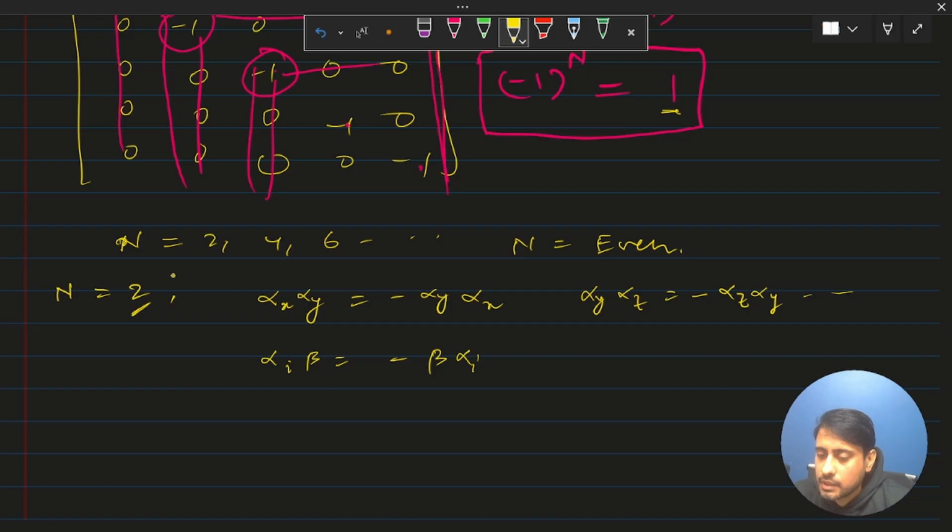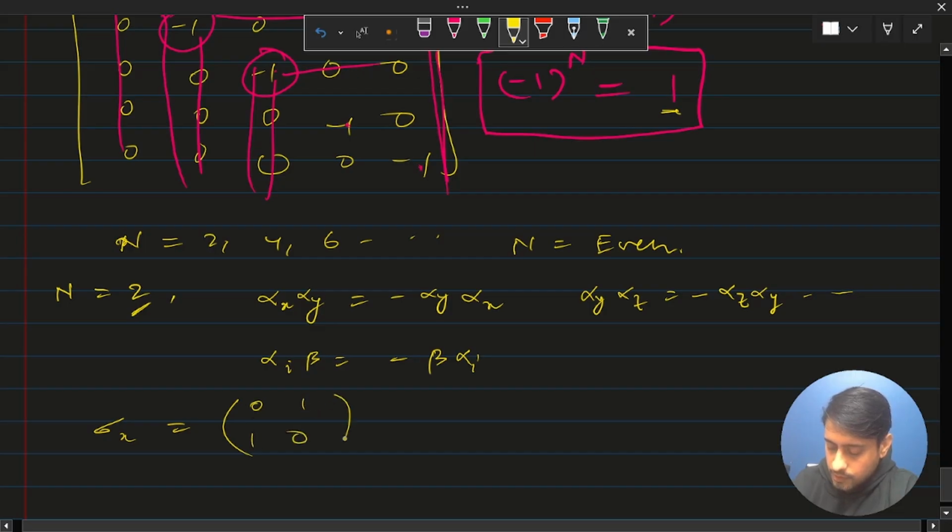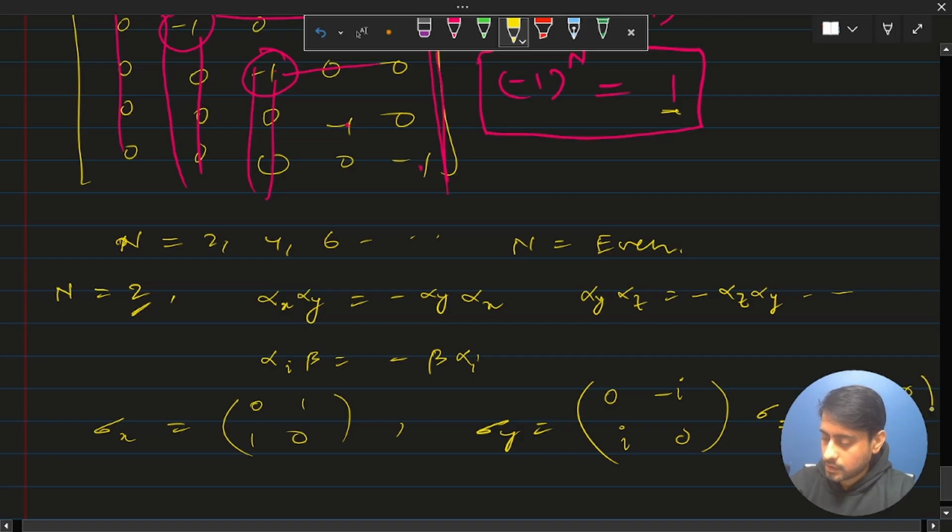The most fundamental are the Pauli matrices. You know about Pauli matrices. Sigma x is written as 0 1, 1 0, then sigma y is given by 0 -i, i 0, and then sigma z as 1 0, 0 -1. Maybe I have made a mistake, you can check.